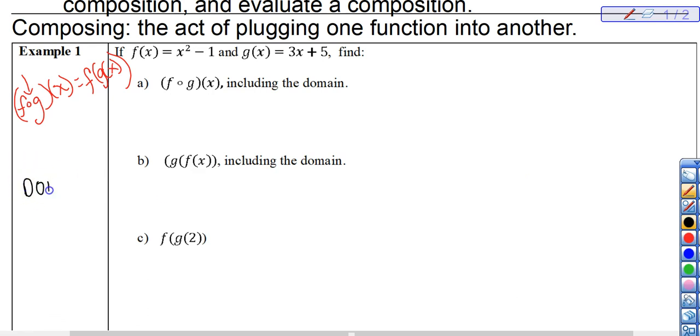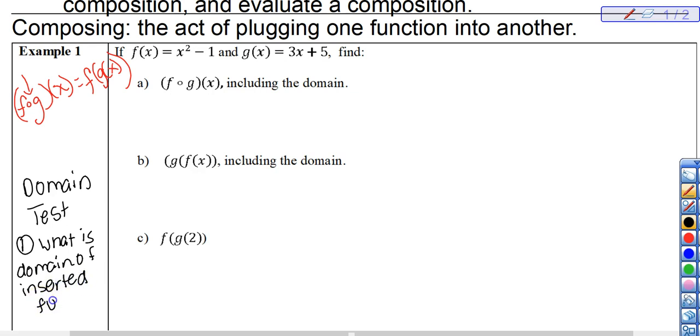So here are the domain tests. Test number 1: what's the domain of the inserted function? Because just like when we're adding, subtracting, multiplying, dividing, we have to look at where our functions overlap.